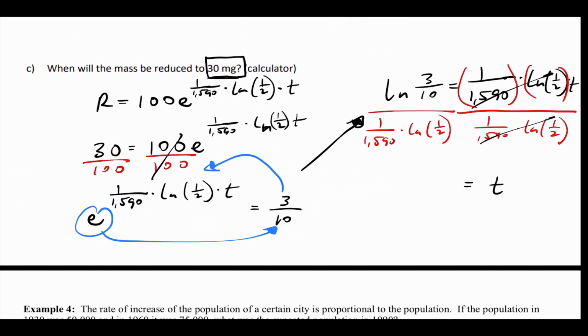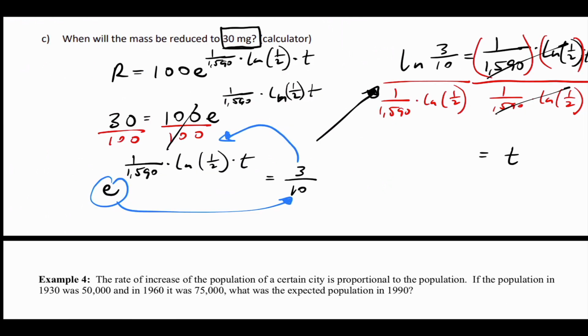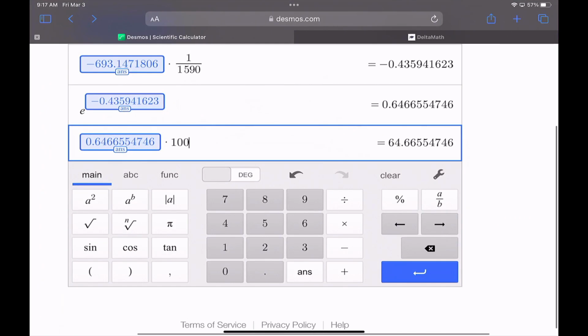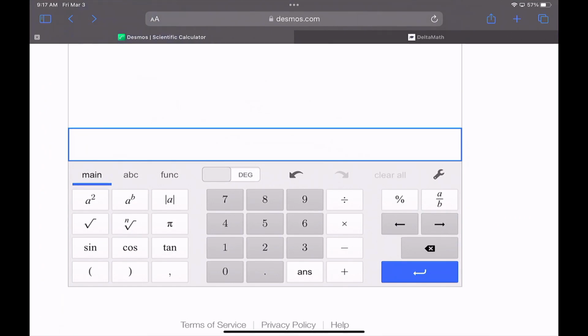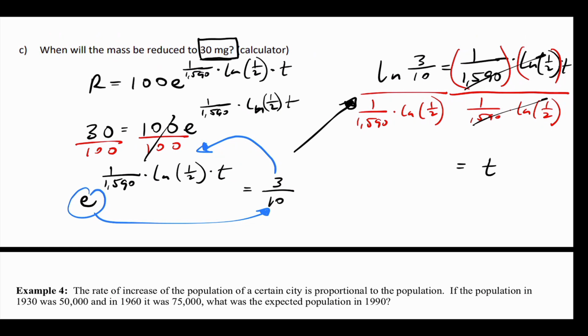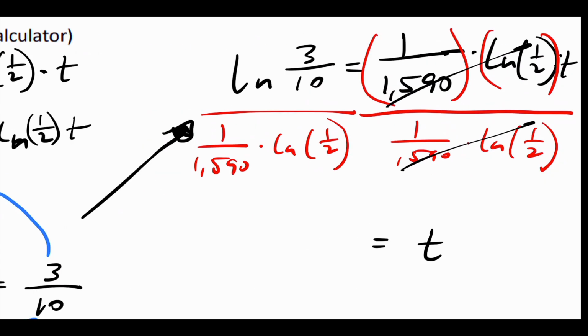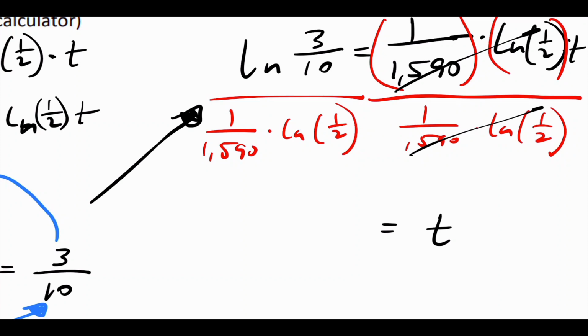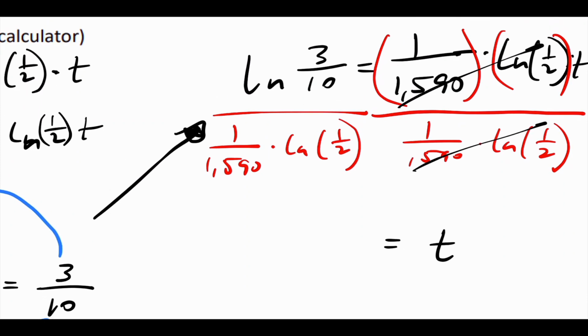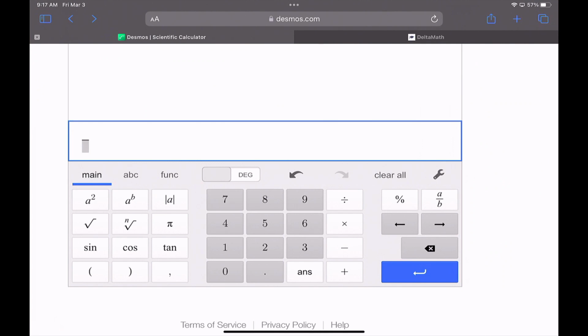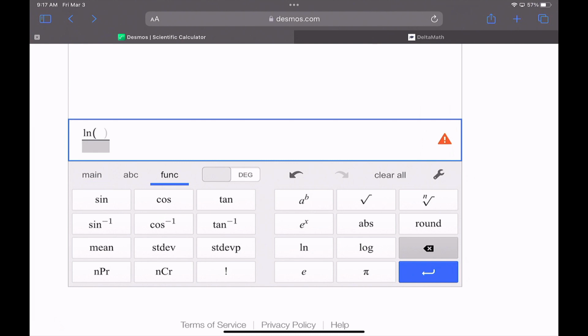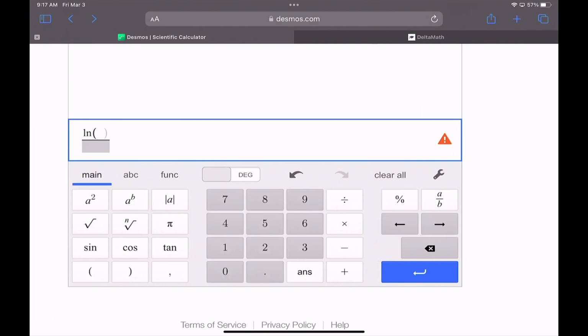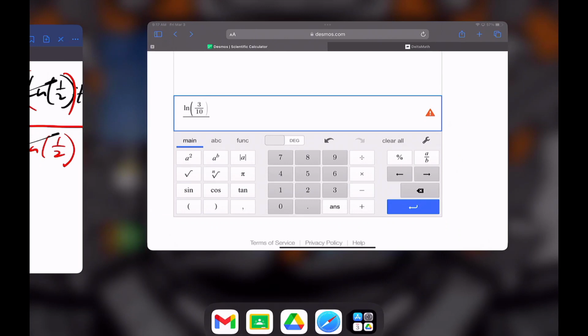Now you can do all that in your calculator. So top will just be natural log of 3/10, or you can actually put everything in there. Let's see if I can do this correctly. Natural log, 3 divided by 10. Okay, that goes on top.